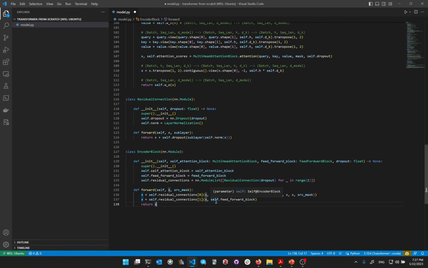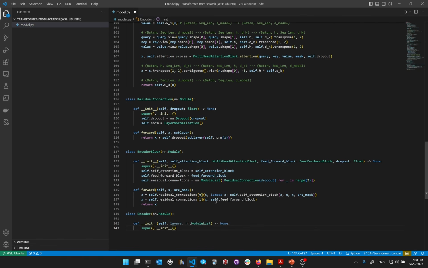Now we can define the encoder object. Because the encoder is made up of many encoder blocks, we can have up to n of them according to the paper. So let's define the encoder. How many layers will we have? We will have n, so we have many layers, and they are applied one after another.